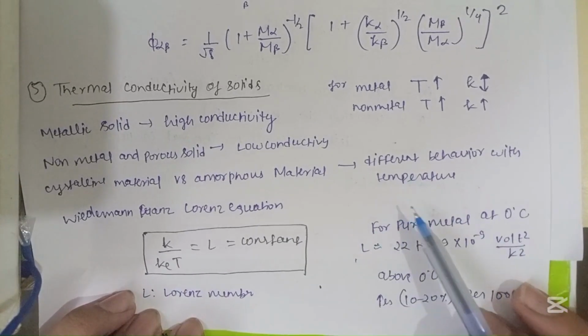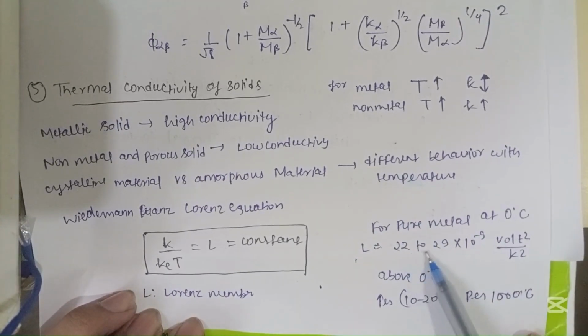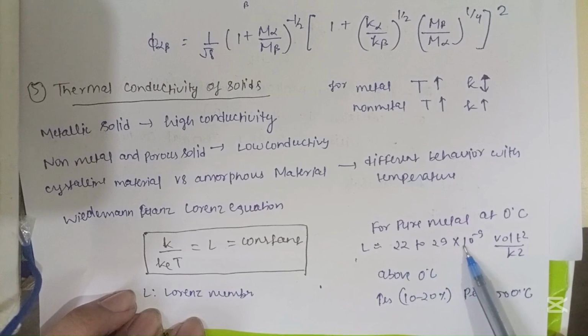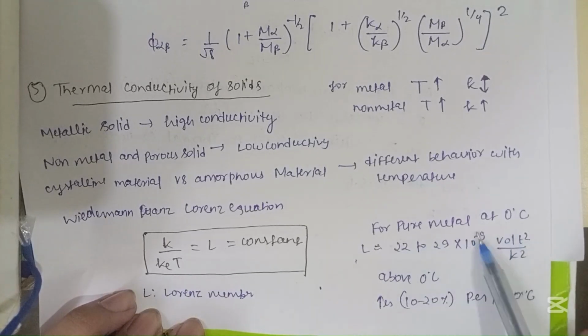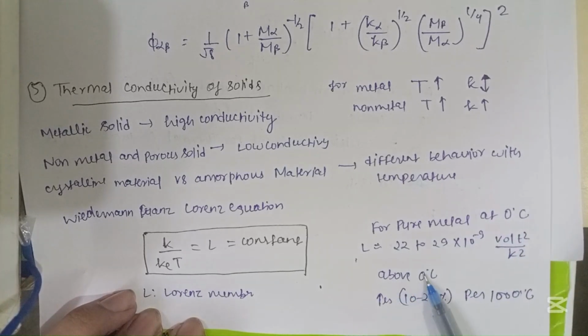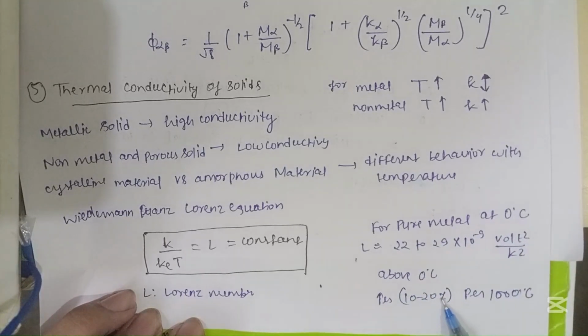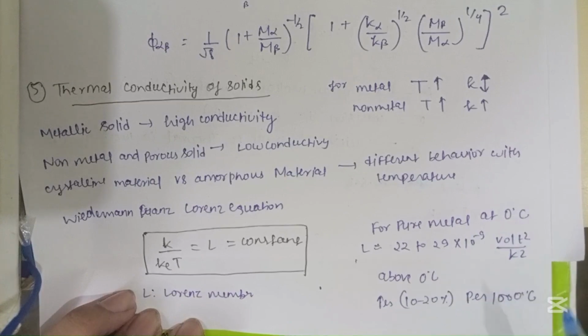The Lorenz number L is about 22 to 29 into 10 to the power minus 9 volt per Kelvin square for pure metals at 0 degrees Celsius. Above 0 degrees Celsius, it increases by 10 to 20% per 1000 degrees Celsius.